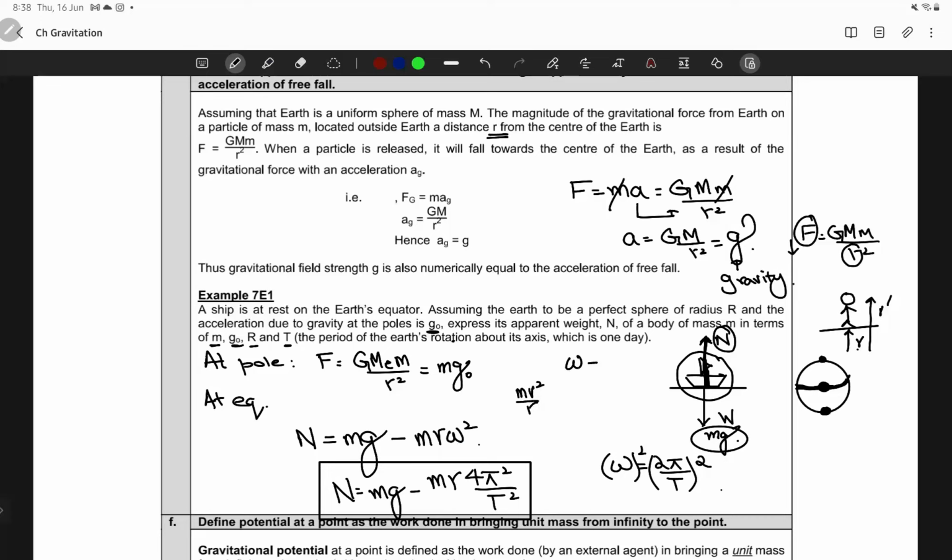So omega is something that includes time period, because I know omega is 2 pi by T. So I wrote this expression like this, and you can also do it. You can go from this one to this by using the relation that v is r times omega. Put that v in place of this, and then you can write mR omega squared. Then we just replace the value of omega with 2 pi by T, but omega was squared, so we got 2 squared is 4, pi squared by T squared. So is that clear now?